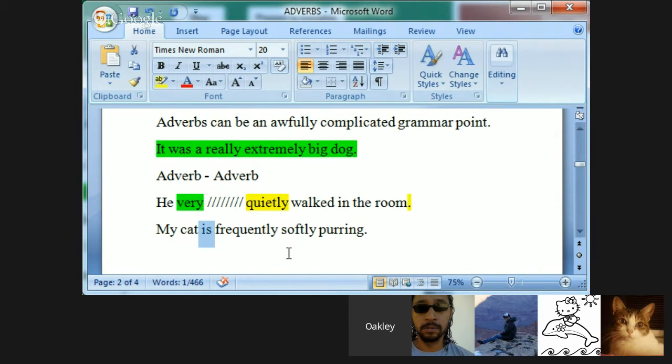So you can have two adverbs, or one adverb, really, working on frequently, is modifying softly, softly is modifying purring. But this is the correct word order.